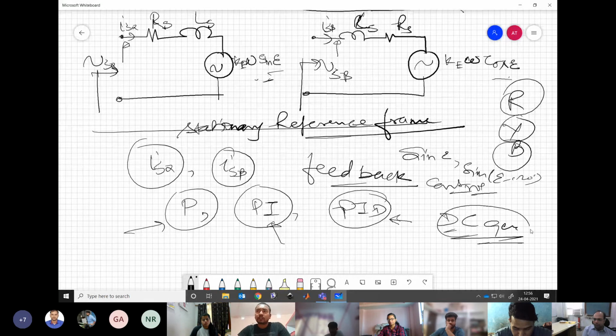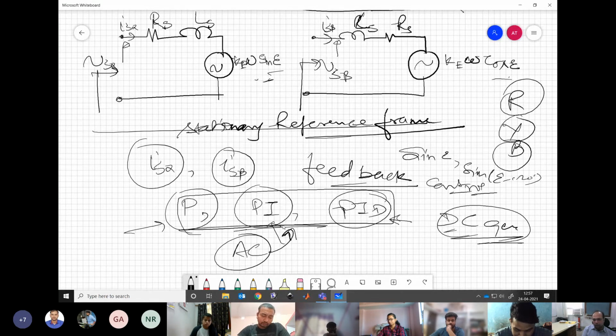If you try to control an AC quantity through these controllers, the performance may be very poor, with steady state error and a lot of other issues. Because we are planning to use these generic linear control components for feedback based control, we try to visualize our system as a set of DC quantities. This is our aim now. Understanding my point?